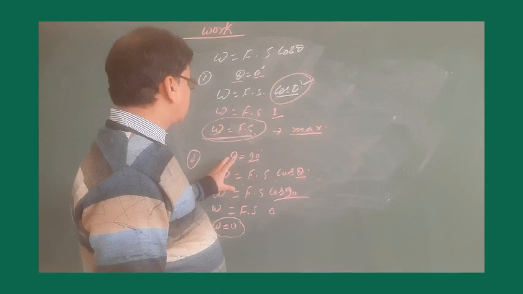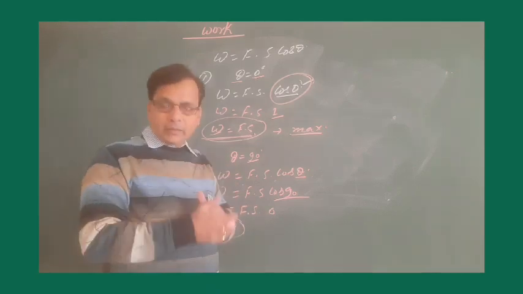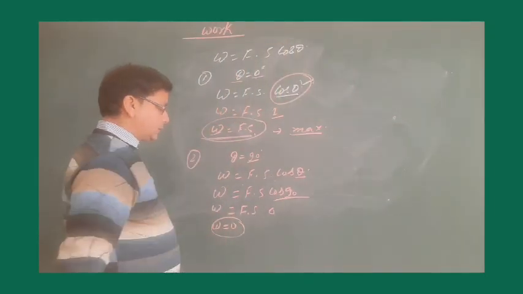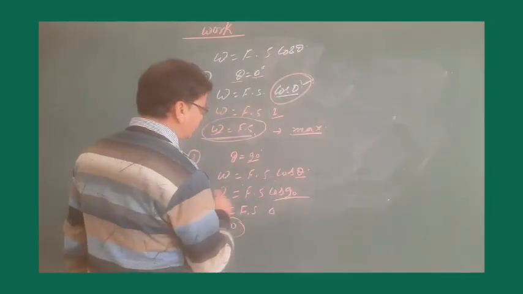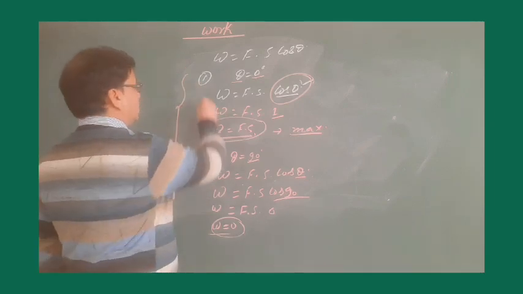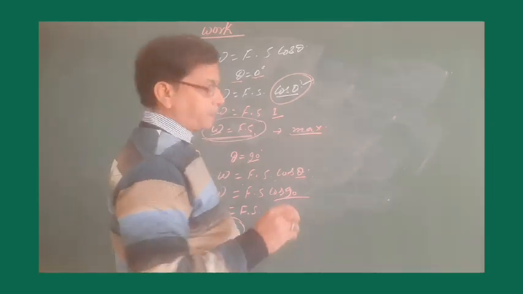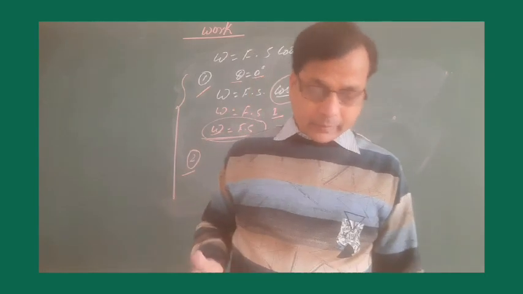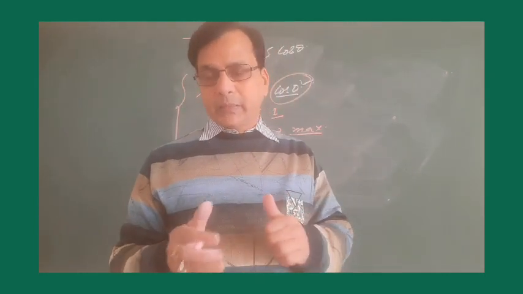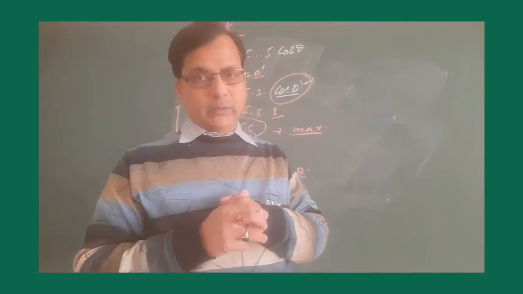In this case, if the force acts on any object perpendicular to the displacement, then work done is 0, means work done is minimum. So it is clear that there is no work done when the displacement is not along the direction of the force.